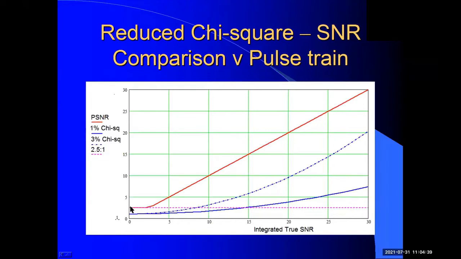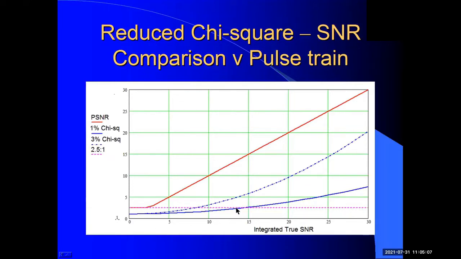If we look at peak signal to noise ratio, we expect, if we measure the peak signal to noise ratio at low levels, the normal peaks of noise is around about 2.5 to 3:1. So it's a bit flat at the bottom. But when it gets above this, the observed signal to noise ratio should match the input signal to noise ratio.